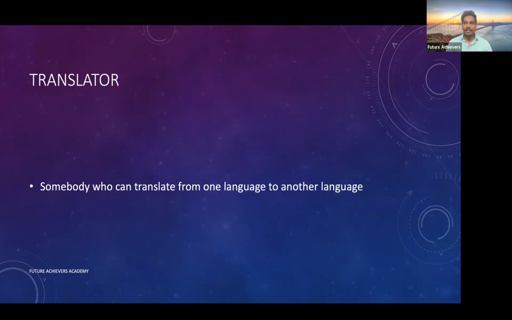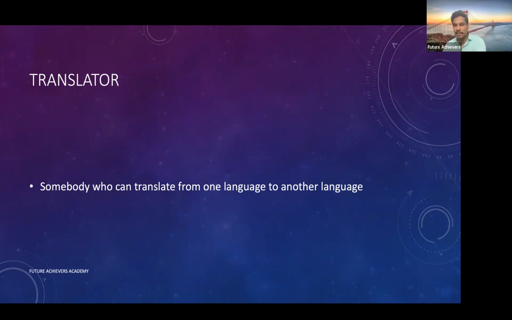Translator. So I know one language and you know another language, but we don't know each other's language. So we need to somehow communicate. Sign language is not really effective because we don't know sign language also. So then we need somebody who can translate my language to your language, and somebody who can translate your language to my language. For example, I know English and somebody else knows Hindi, and we need to talk.